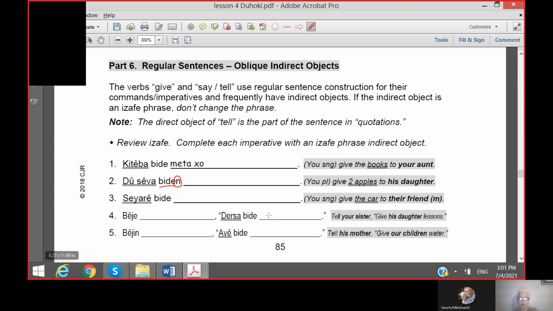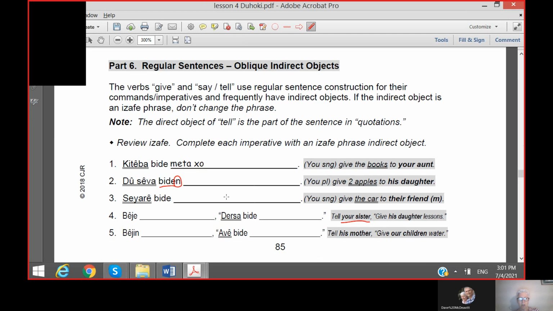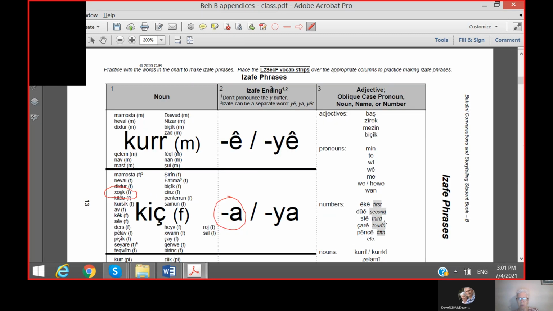Now look at 4. Tell your sister. Beja, look at Appendix F. Hoshka. Sister is hoshk. Right here. Beja, hoshka. So what is it? You tell your sister. So those are the same things. So we have to say ho.